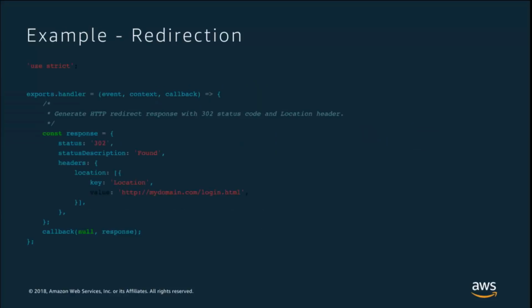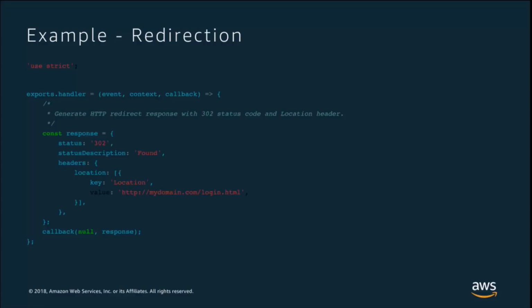So here is a quick example of how the code would look. Now, like I mentioned, there is a handler, which is the entry point to your Lambda function. Here, I'm not showing how the cookie validation is done, but that is something you can define based on your requirements. And here, the response block gives you an idea about how you can actually generate an HTTP response.